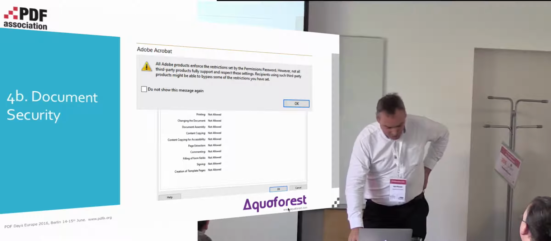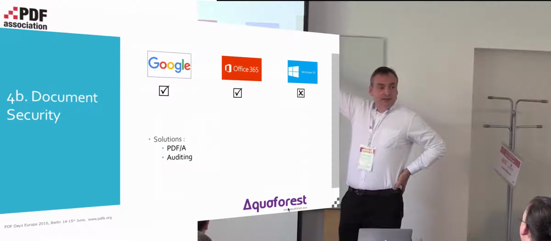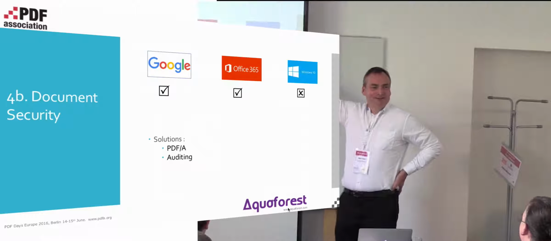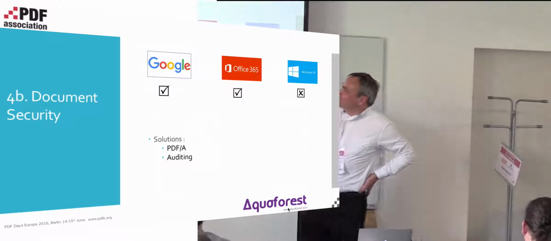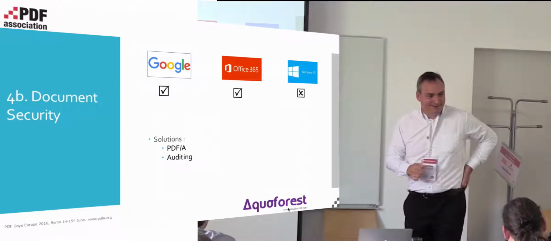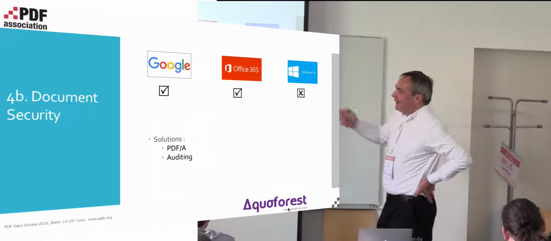Well, it turns out, because on Windows 10 we're actually using the Adobe iFilter, that actually respects those permissions, so you can't find it. Of course, Office 365 and Google don't worry about any such trivialities, and they will happily index that content for you.